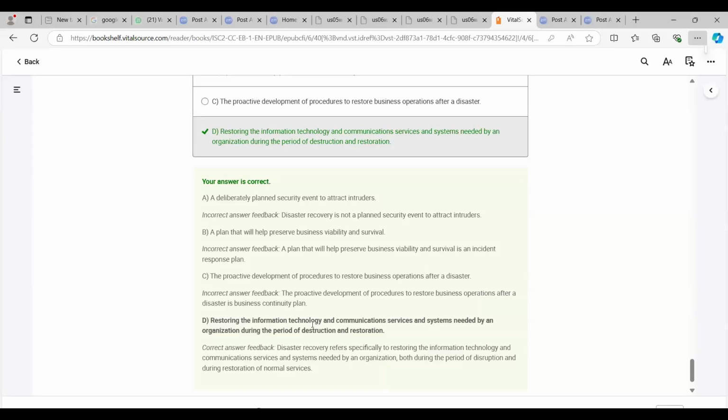Disaster recovery refers specifically to restoring the information technology and communication services and systems needed by an organization both during the period of disruption and during restoration. It's just to restore. So you can restore anything.